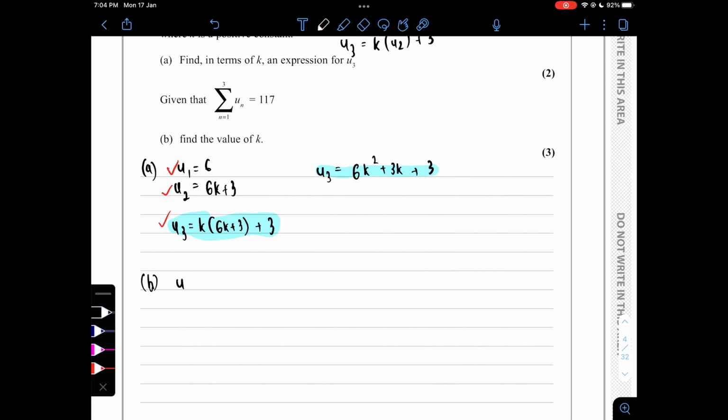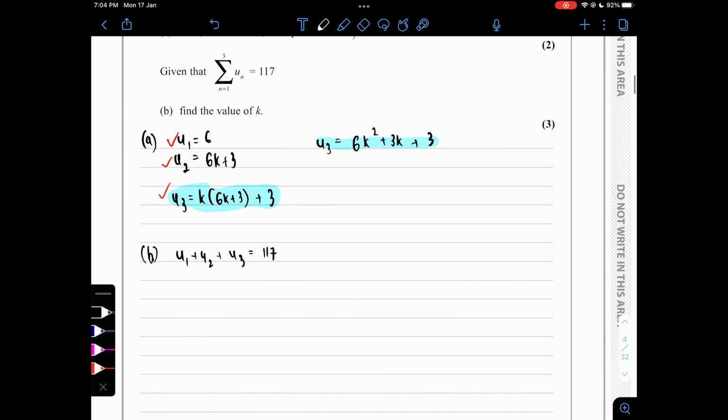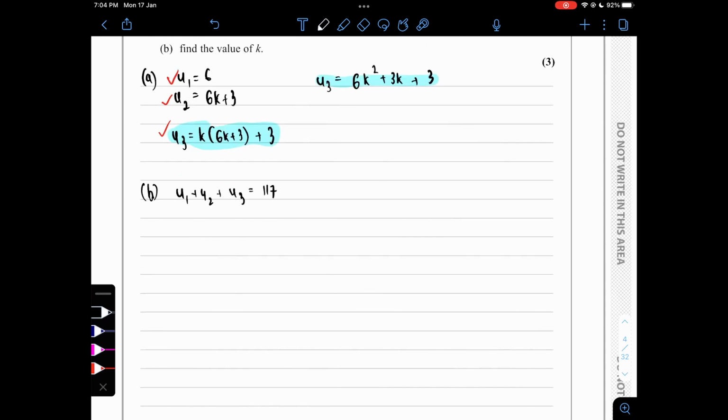So u1 plus u2 plus the third term equals 117, and now we can just add them. So that would be 6 plus 6k plus 3 plus 6k squared plus 3k plus 3. So this was the third term, this was the second term, and this was the first term, equals 117.